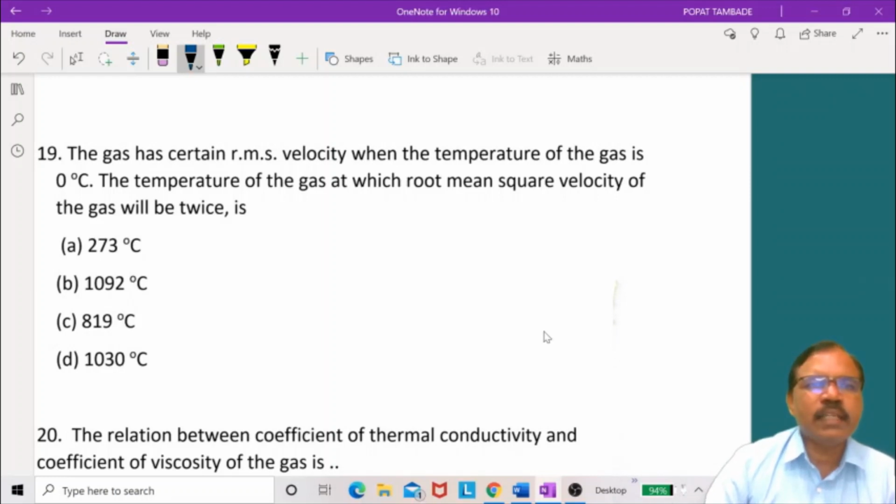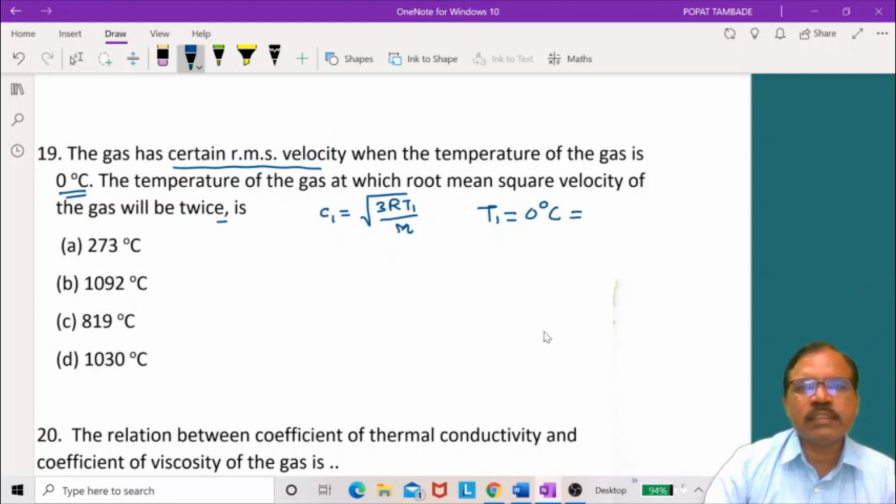Next one, the gas has a certain RMS velocity when the temperature of the gas is 0 degrees Celsius. The temperature of the gas at which root mean square velocity will be twice. So here I will take C1, that is root of 3 RT1 upon M, where T1 is 0 degrees Celsius, means it is 273 degree Kelvin.